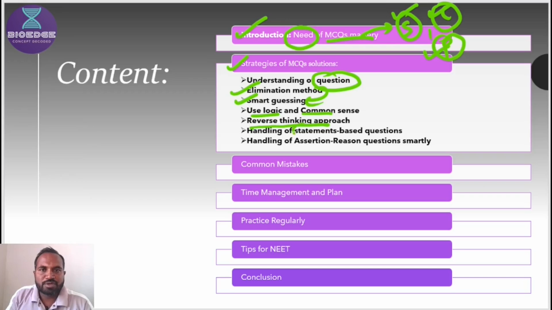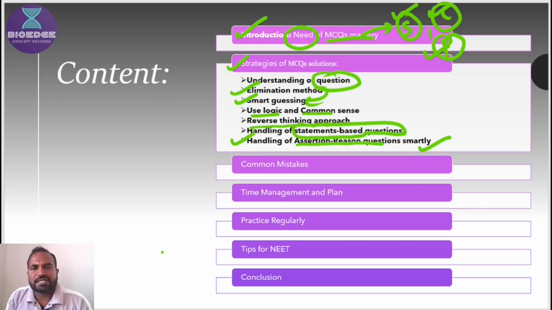Most important is the handling of statement based questions. Next are assertion reason questions, and how you can handle them. Most students fear assertion reason questions, but I will give a very simple technique to tackle them.